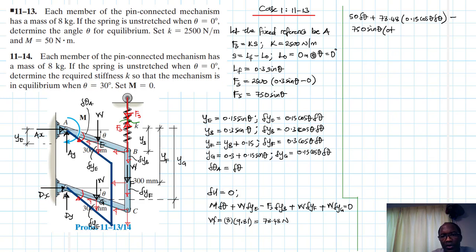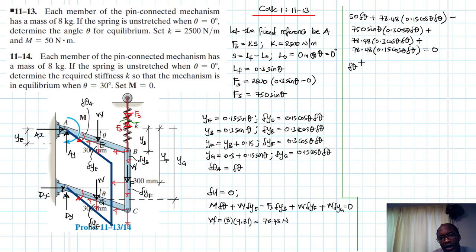Del yB is 0.3 cos theta del theta, and then we have plus W, which is 78.48, del yF, which is just equal to 0.3 cos theta del theta, plus we have W again, which is just 78.48, del yG, which is just 0.15 cos theta del theta, equal to 0.